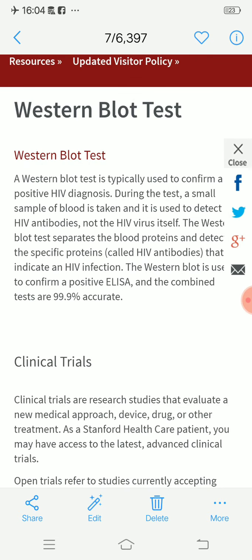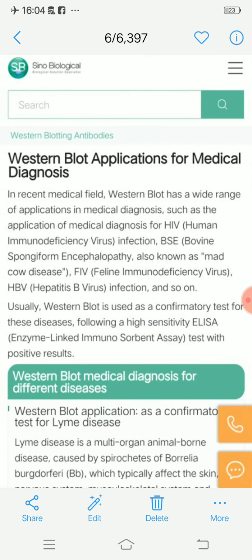Here is some important points which I have shown in this slide. The same thing I explained to you is mentioned over here. The ELISA test is done first for HIV, and then the Western blot technique is done for the confirmation of the ELISA.